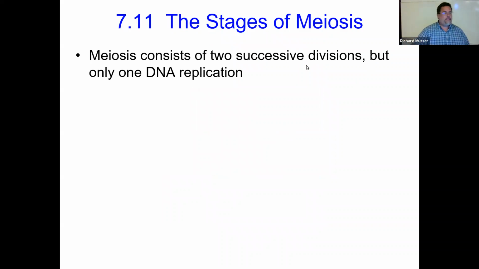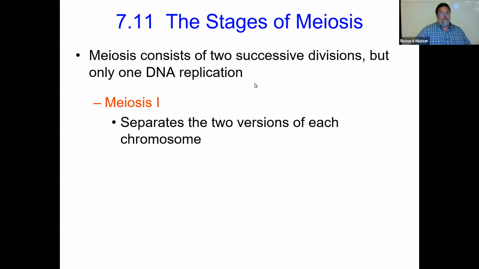So there are two successive divisions, meaning in a row, or over time anyway. The first one will separate the two versions of each chromosome. And that means when you double the chromosomes, they're going to go over as a whole unit. You'll see some pictures, and this will make a lot more sense.